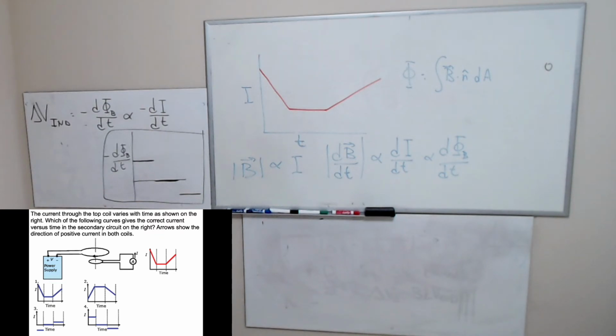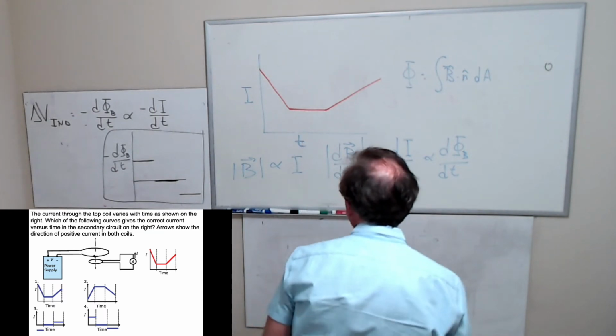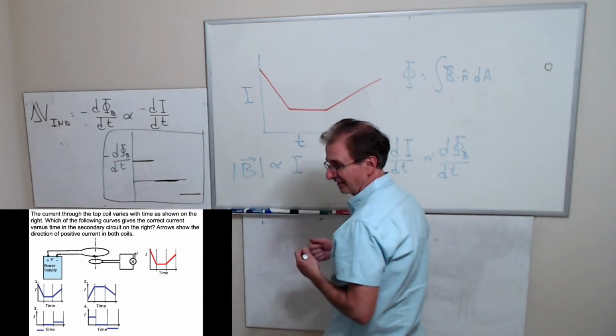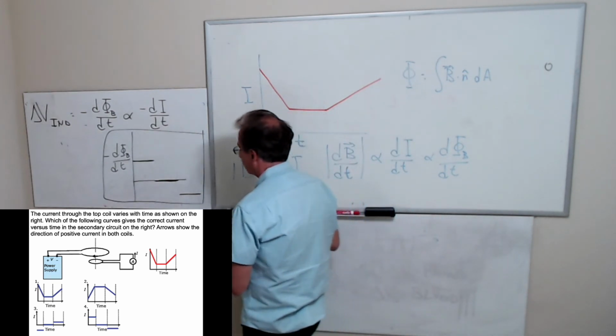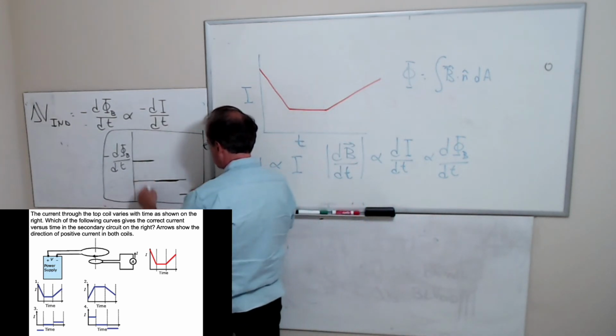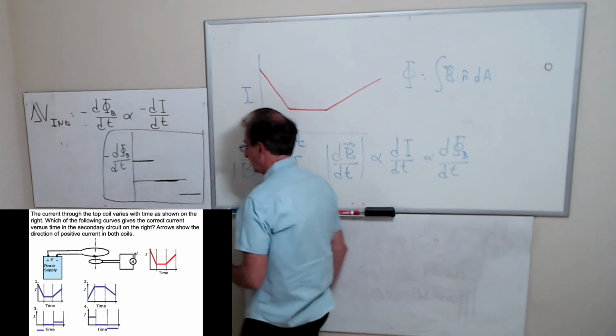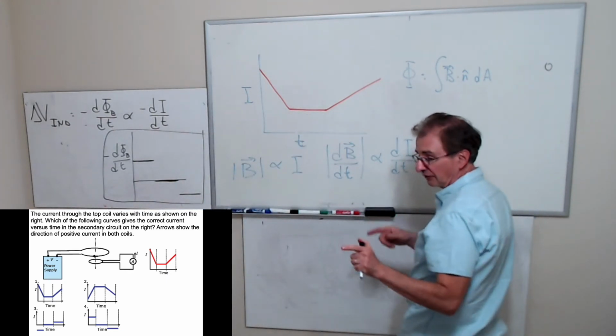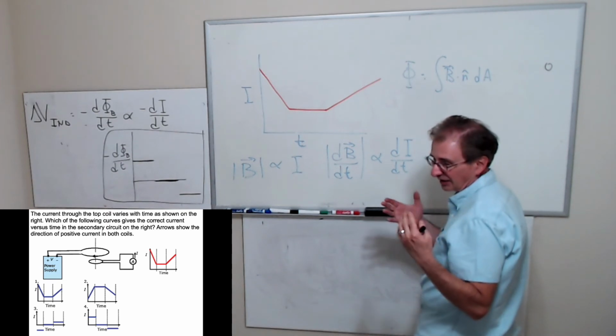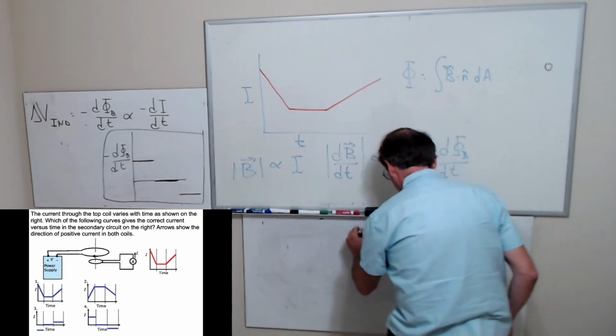But this current that's induced is clockwise. It has to be from Lenz's law. So based on the way we define the current in the problem, then I have to swap these two. Based on the definition of my coordinate system.